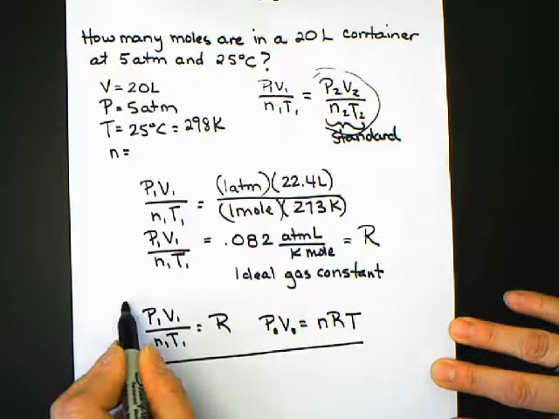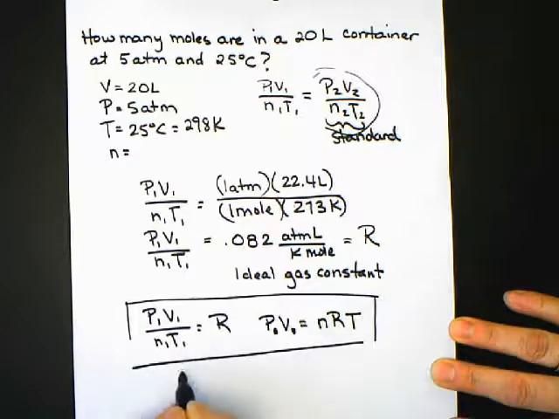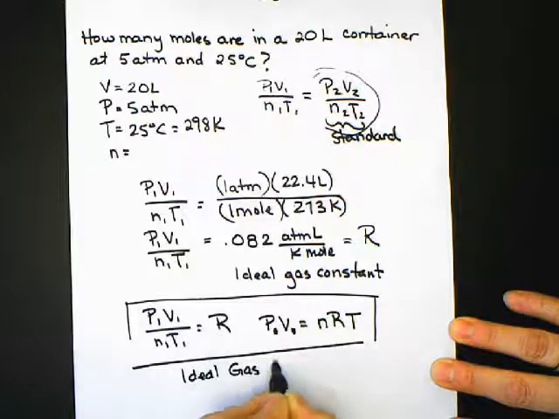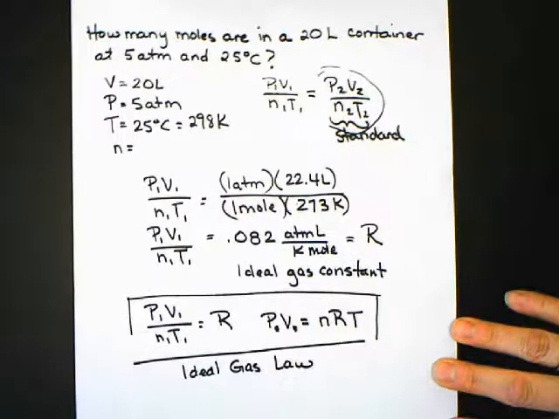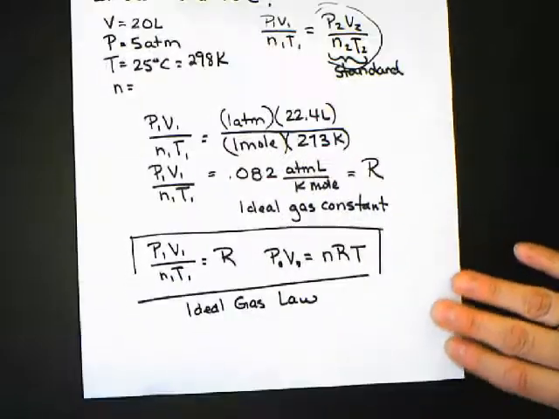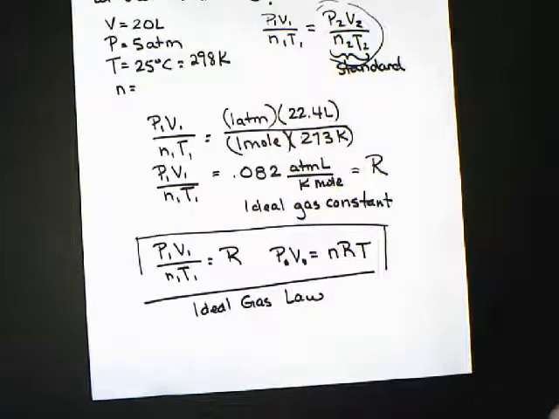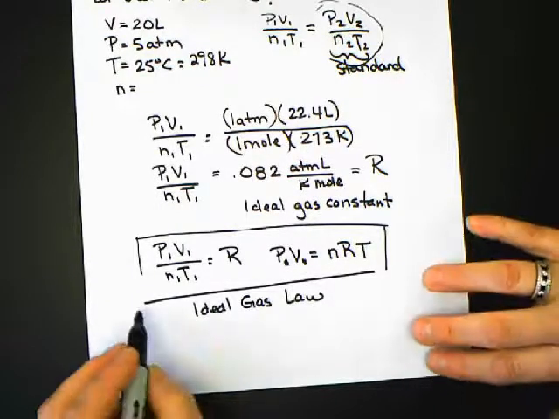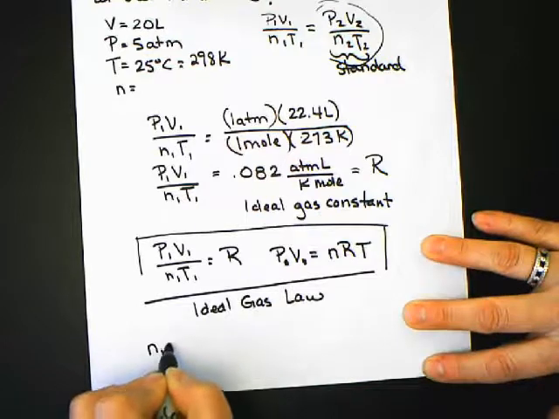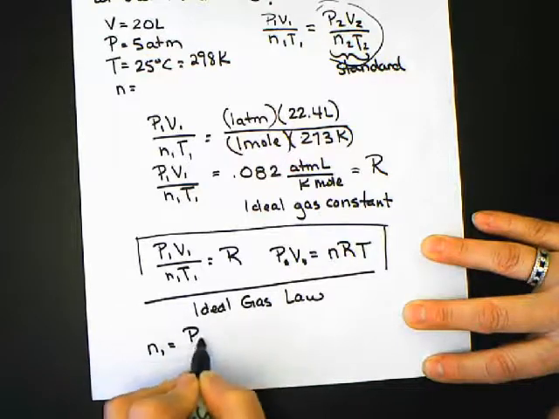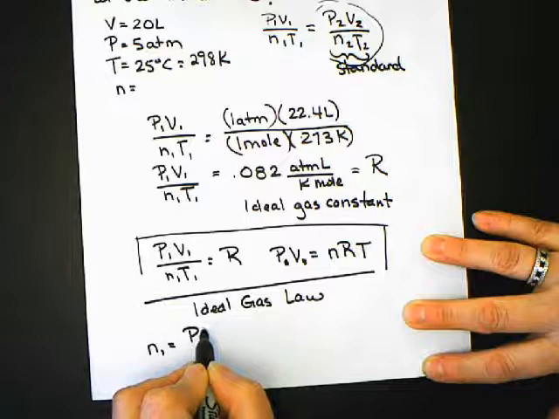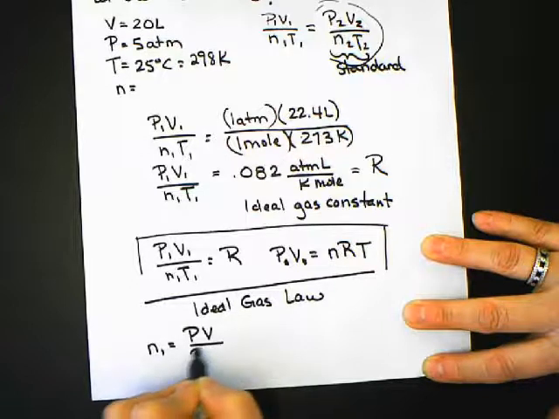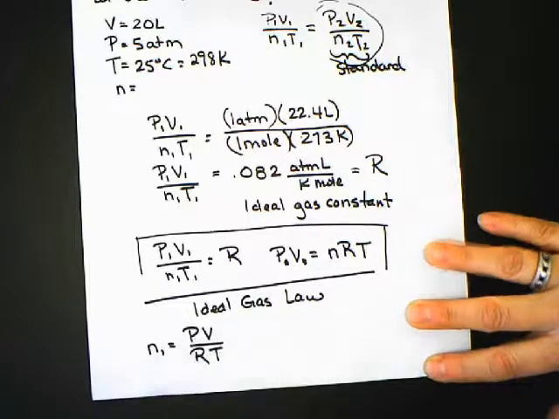So with that in mind, I can now go and solve my problem because my one unknown, my N1, is equal to PV over RT. I can put in all my values. Pressure is 5 atm. Volume is 20 liters.